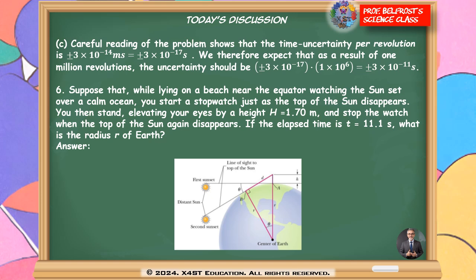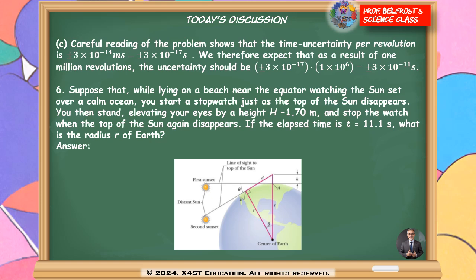So we can convert this to plus or minus 3 times 10 to the minus 17 seconds. Therefore, as a result of 1 million revolutions, we just need to take the product of these two values: plus or minus 3 times 10 to the minus 17 seconds times 1 times 10 to the 6, and this gives us an uncertainty of about 3 times 10 to the minus 11 seconds. I'm sorry, I keep stumbling over my words.